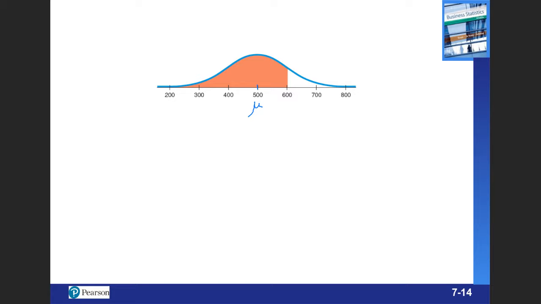Now you were given in the question that the value for mu is 500. And then you were also given in the question that your population standard deviation is 100. So that means 500 plus 1 standard deviation, plus 2 standard deviations, plus 3 standard deviations would be 600, 700, 800, and then to the left 400, 300, 200.